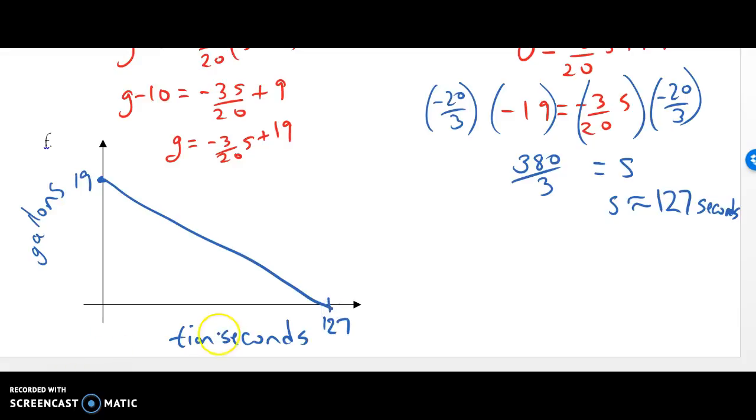Of course, I could make this graph more accurate if I made a nice little scale, but really I just want you to understand that this y-intercept is the starting amount of gallons. It's decreasing until it's empty, and it takes approximately 127 seconds to complete that.